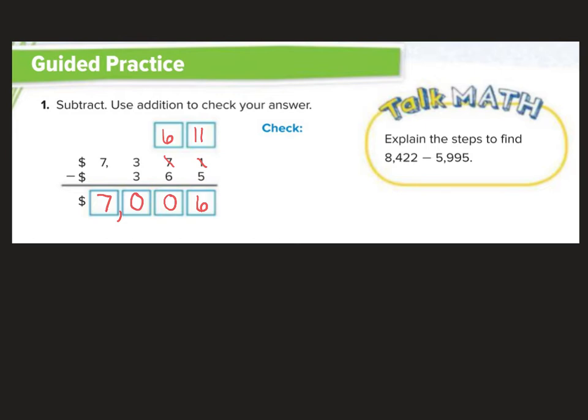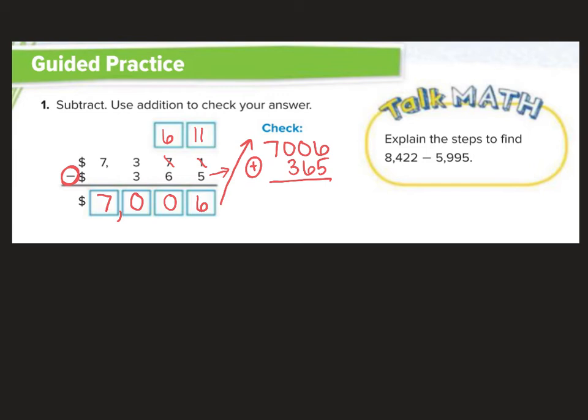7,006. Now to check my answer, I start at the bottom, bring it up, 7,006 plus, I do the opposite. Here I subtracted, here I'm going to add to check, okay? Plus, my middle number just bops over, 365.